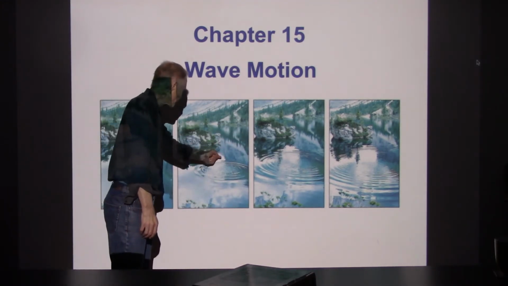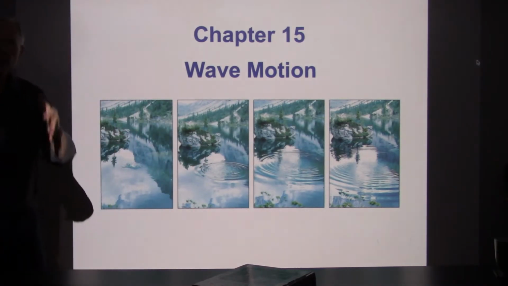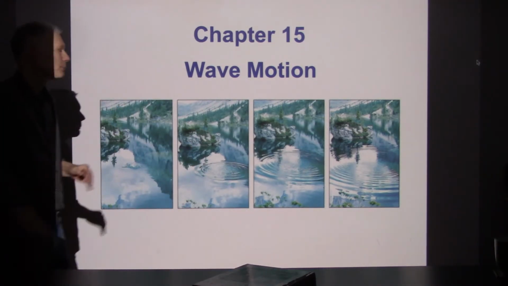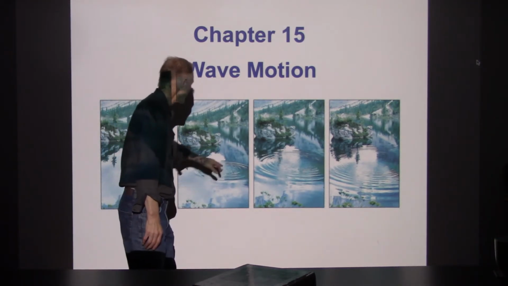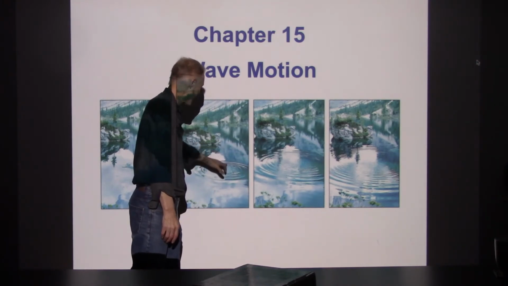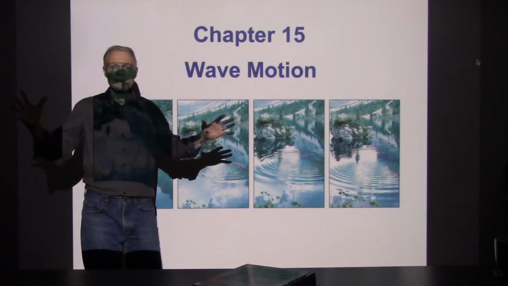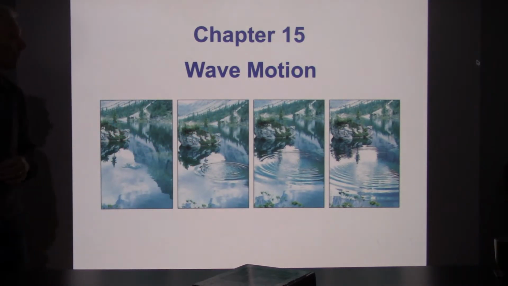So something got thrown in, and it set that region of the water into motion for some period of time. It doesn't go on forever. There's a damping effect that takes place. And so that center region oscillates back and forth and then damps out, and that energy is propagating away from that region, and you can see the waves.